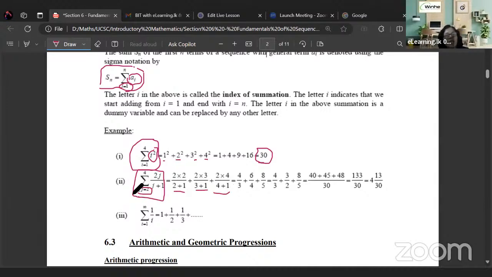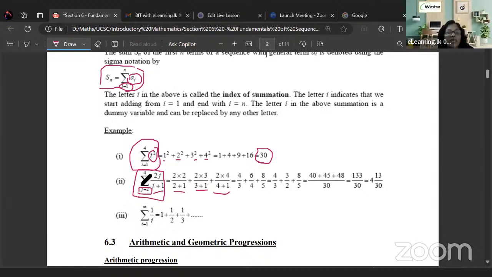You have to find this sum only for j from 2 up to 4, by putting 2j divided by j plus 1. So instead of j we put 2. 2j means 2 should multiply by j. So instead of j, if you put 2, then 2 into 2 divided by 2 plus 1.